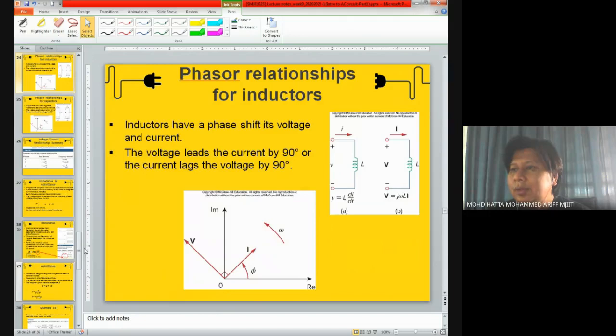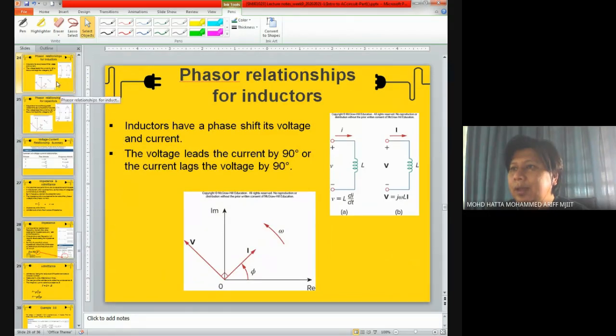If you have an inductor, an inductor causes a phase shift between voltage and current. The voltage leads the current by 90 degrees, or the current lags the voltage by 90 degrees.